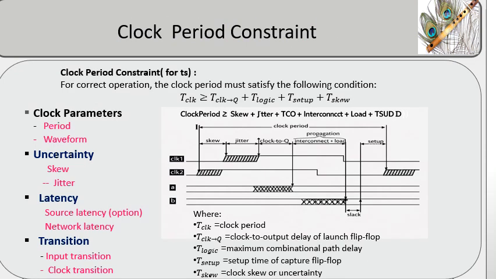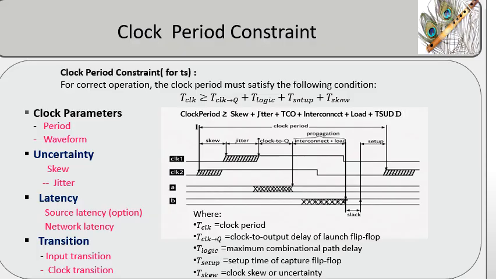The clock period defines the fundamental cycle time against which all data paths are measured. Waveform integrity ensures clean transitions, avoiding distortion that could compromise timing margins. Uncertainty from skew and jitter represents variations in edge arrival that STA must account for.